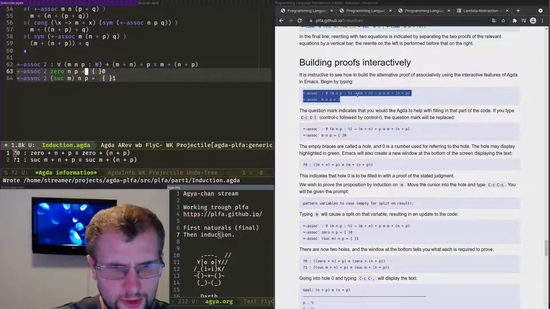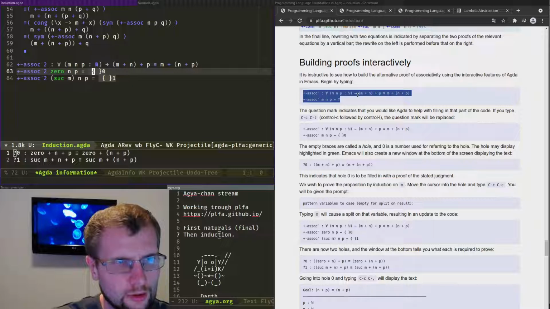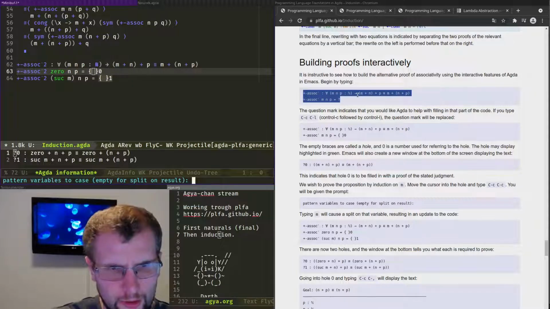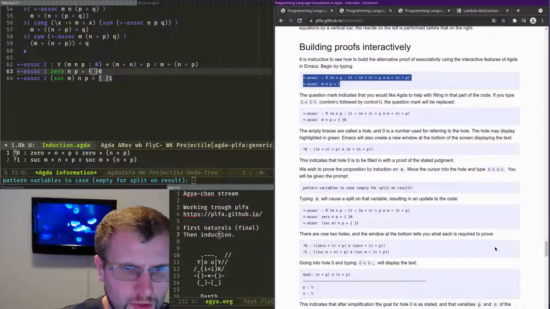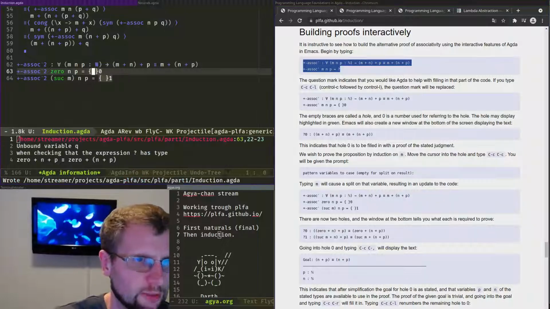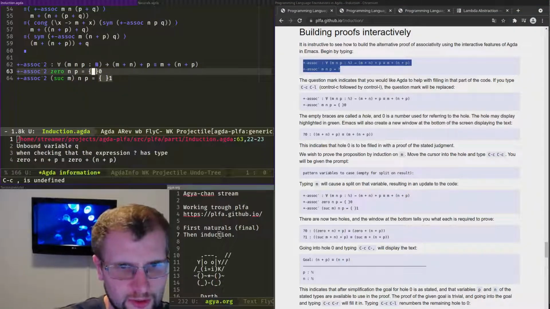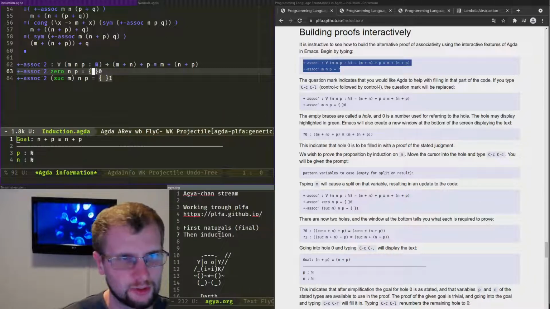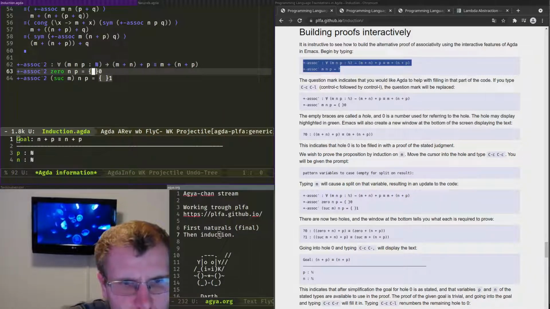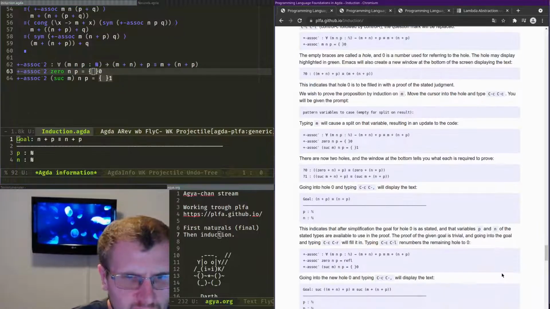Going to hole 1, Ctrl+C, Ctrl+comma. I think it worked. We can say p and n. It displays the goal, n plus p equals n plus p. This indicates that after simplification of the goal, the variables p and n simplify the proof.